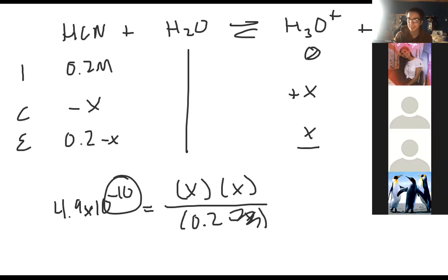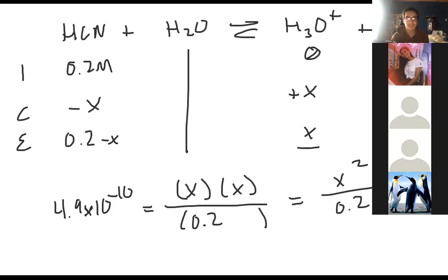And what I mean by that is, let's say we lose 0.000001 molar of HCN. That's basically 0.2 still. So that is our little shortcut that we're going to use for this problem. So we end up with this being equal to X squared over 0.2.